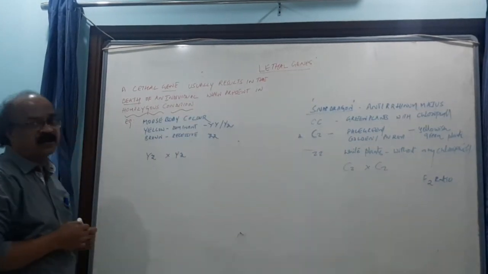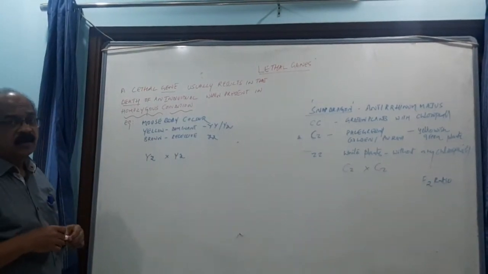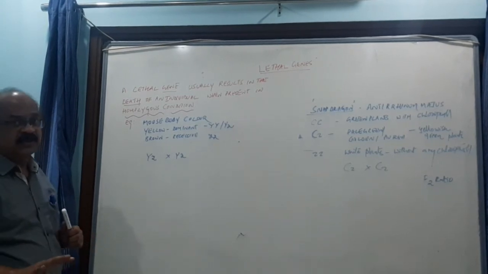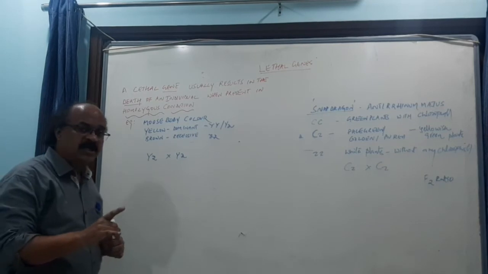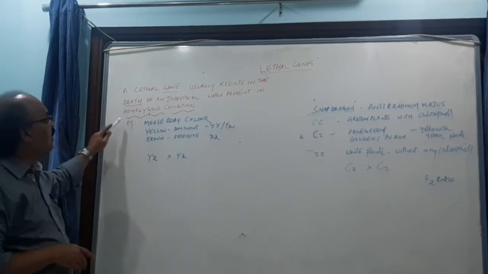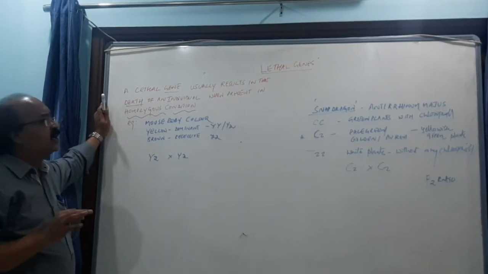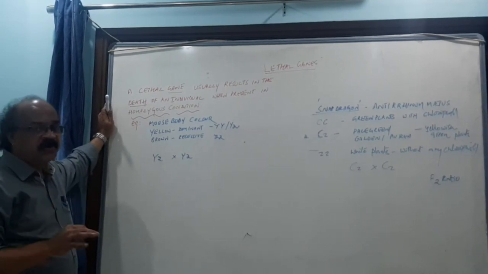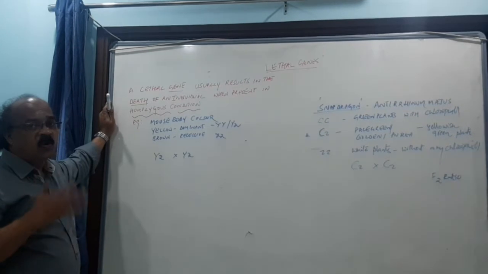That's the most important point. Maybe it is a dominant gene or a recessive gene. A lethal gene definitely results in the death of an individual when present in homozygous condition.